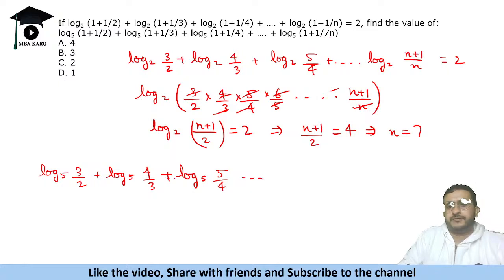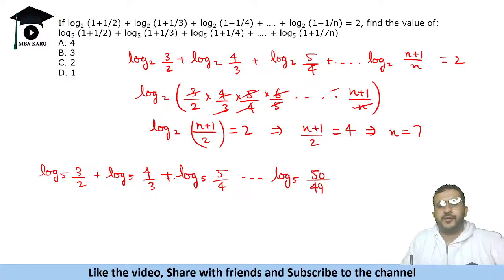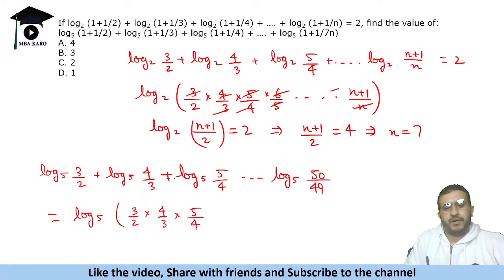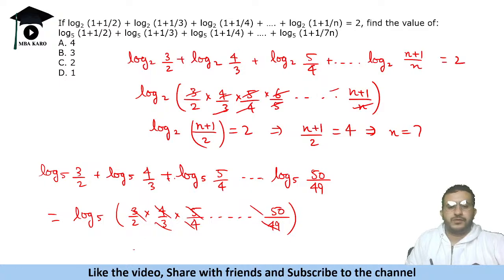So what we will get? 1 plus 1 upon 7n, 7n is 1 plus 1 upon 49. ये हमारा एक्सप्रेशन बनेगा. log 5 25, which is again 2.